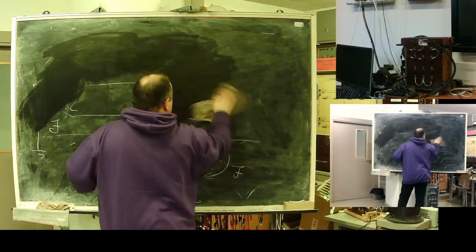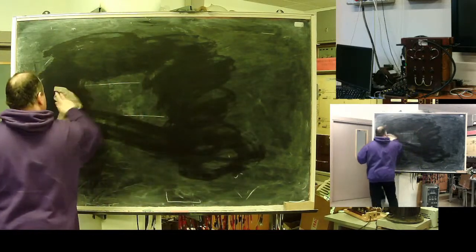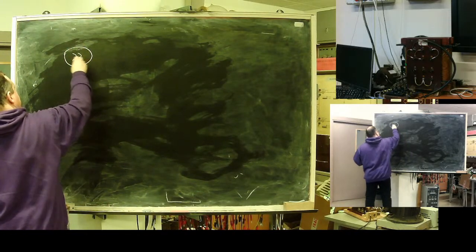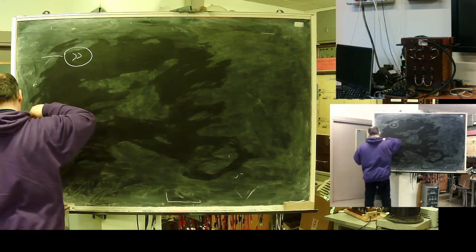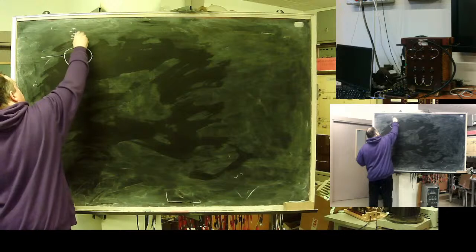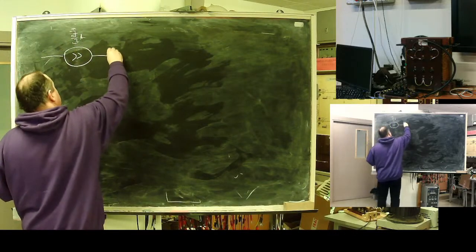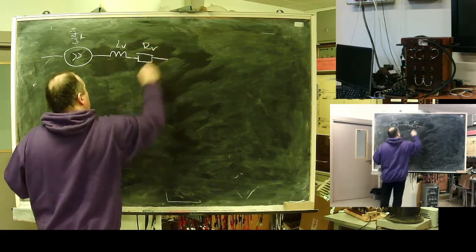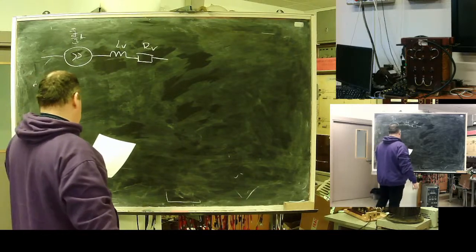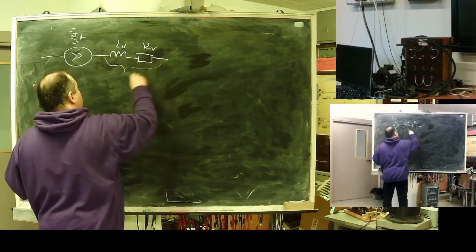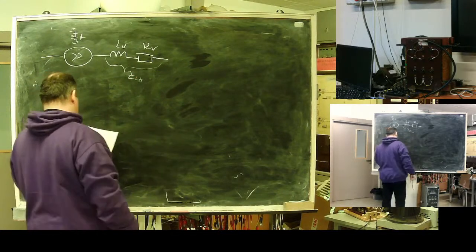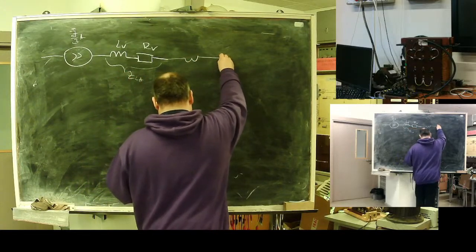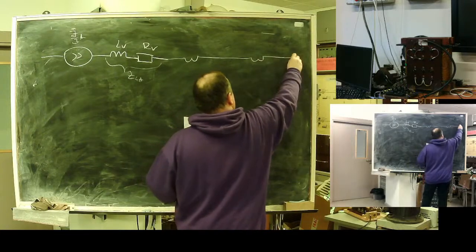What do I need to deal with? An ampere source in series with the self resistance. It's a self impedance. I will need two of them.